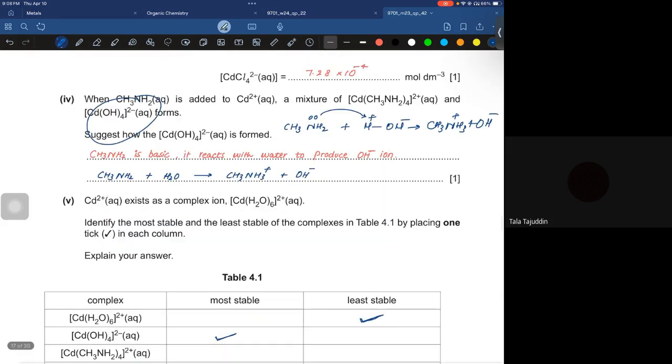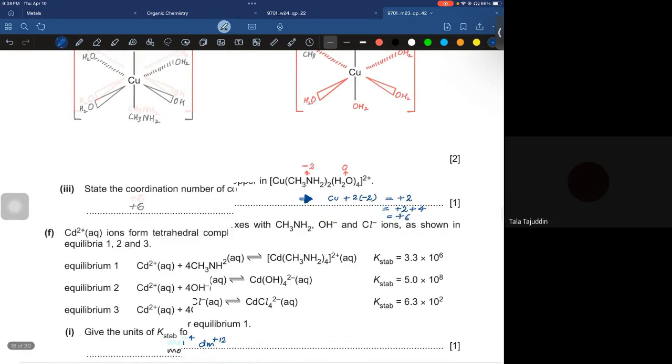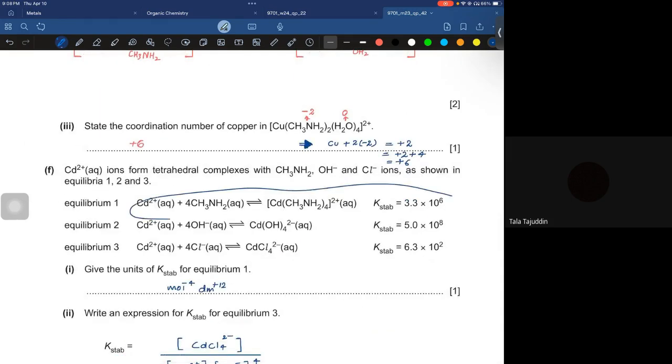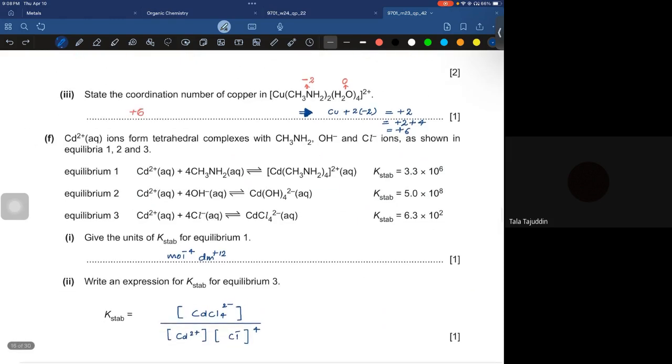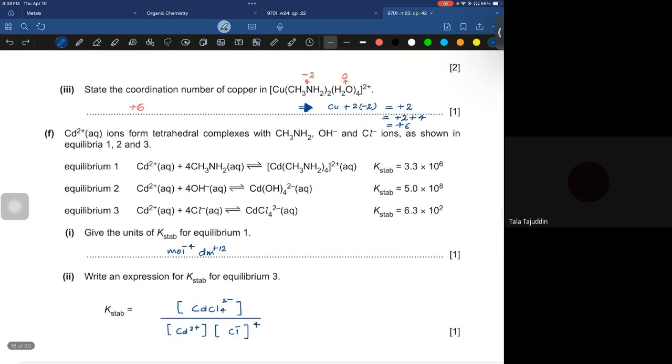So I have seen that this is going to have the higher value, I think. Am I right? Highest, 10 raised to the power 8.